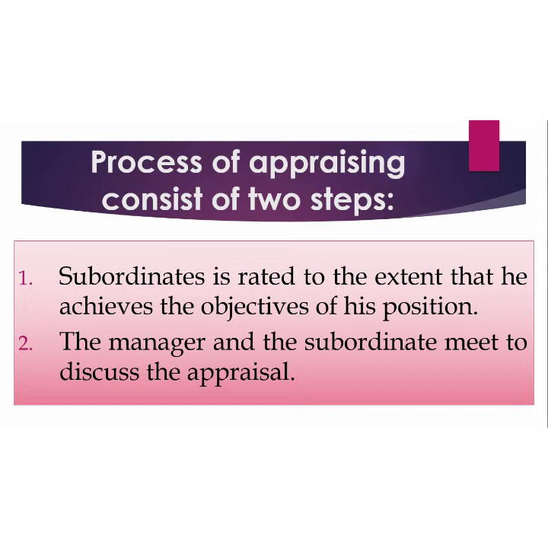The second step of the appraisal process is that the manager and the subordinate should meet to discuss the appraisal. If the subordinate achieves his objectives, the manager praises him for doing right and tells him how good he feels about what he did right and how it helps the organization. He then encourages the subordinate to do more of the same.